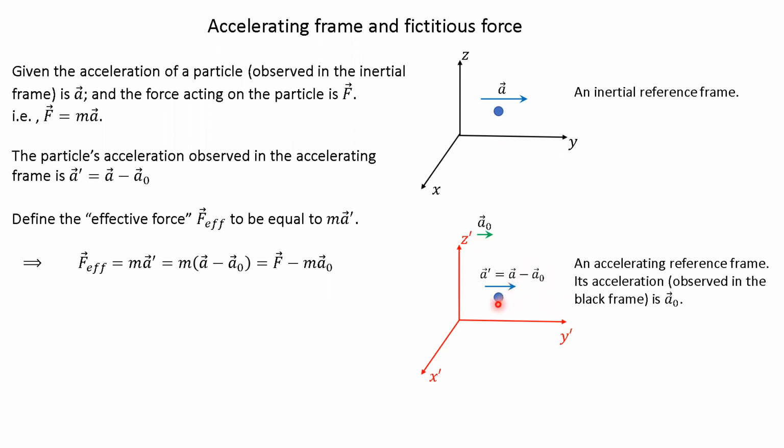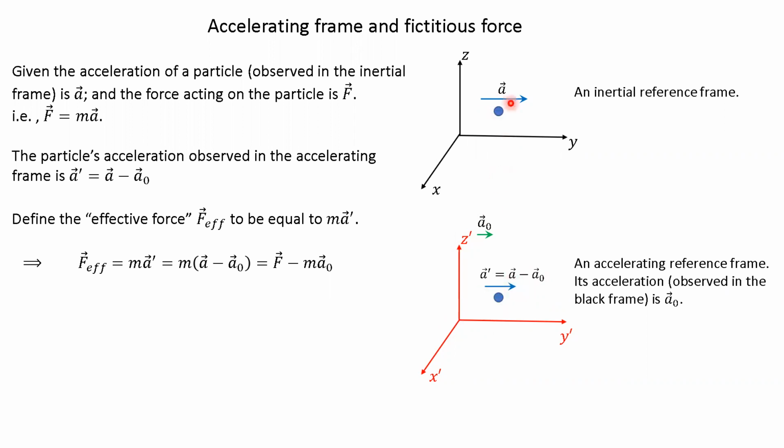So in this frame, that means you are an observer that is accelerating together with this red frame. Then what you see would still be a particle that is accelerating, but at a smaller rate.